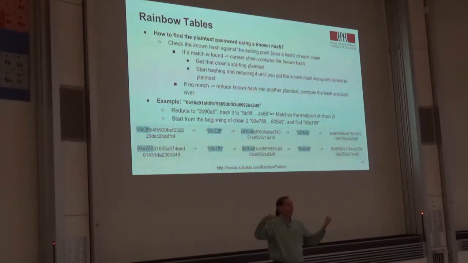But at each step, we reduce and hash. We look up each of the hashes we encountered. Is that hash in this last column of the database anywhere? So for each of the hashes we produce from the password, we look that up to see if it's in one of the square root of n final hashes of the column, right?